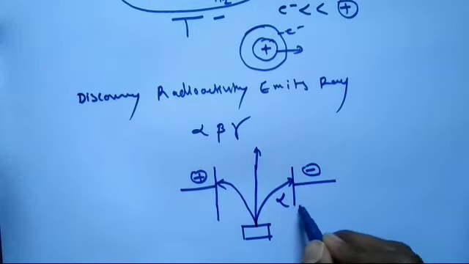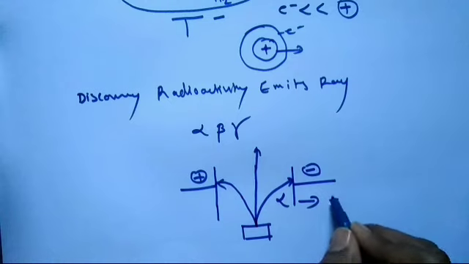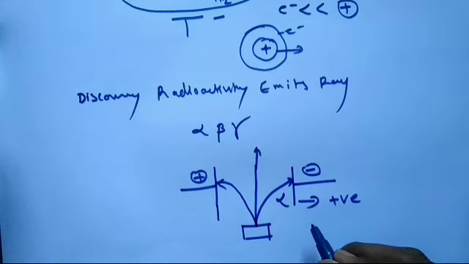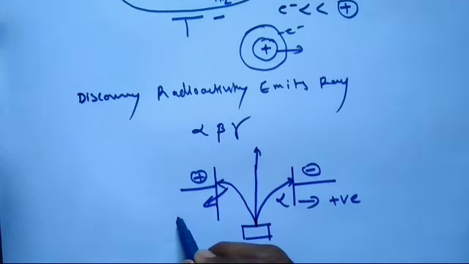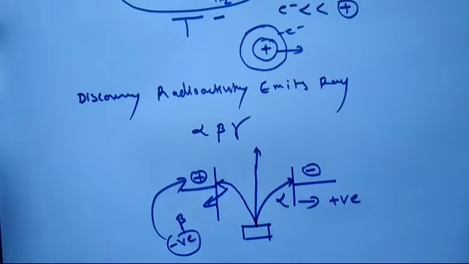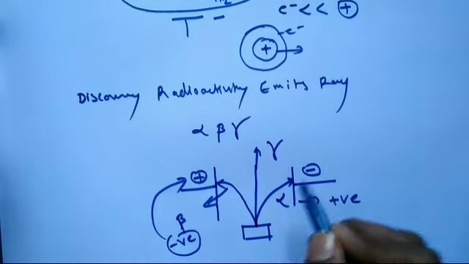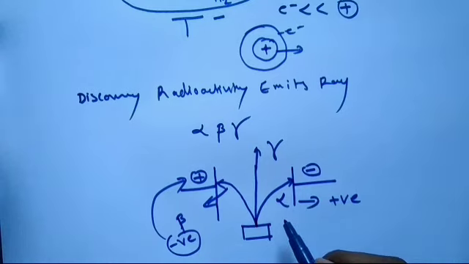That means this alpha particle is electrically positive because it is attracted to the negative plate, and this beta particle is electrically negative because it is attracted to the positive plate, and gamma has no charge.